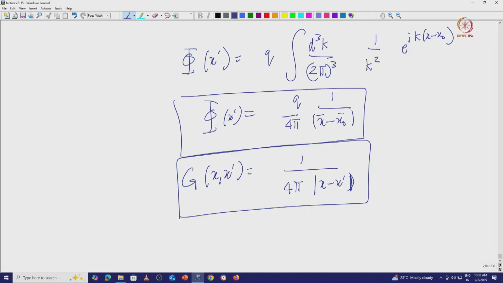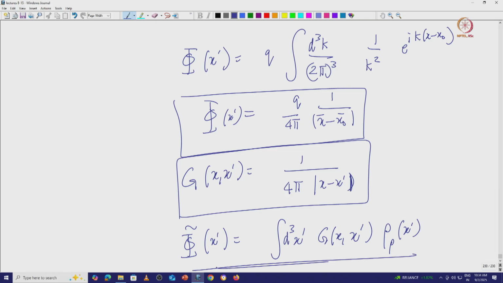Now you can invert this, now for phi tilde of x prime, d q of another x prime, g of x prime at another point, you can put another rho of x prime. So you can solve it in various steps, one by one, adding one more point, one more step.